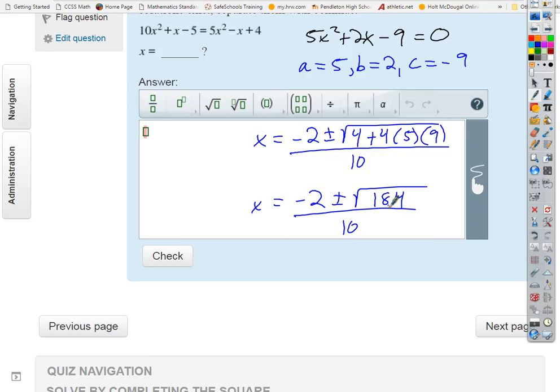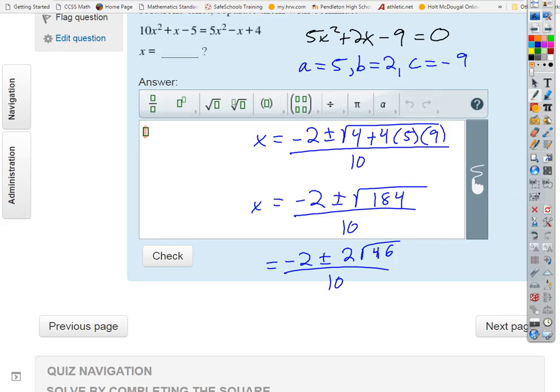So we can just make that square root of 4, which is 2, and what's left over? 4 goes into that 46 times. All right, yeah. Okay.